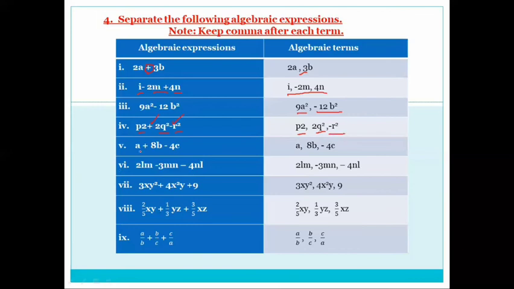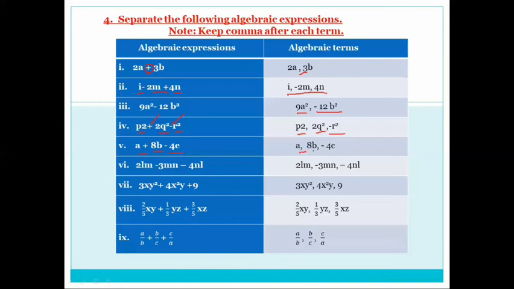Dear students, here we have a plus 8b and minus 4c, just a. After a, I will place the comma, then plus not necessary, write the comma, then 8b, write the comma, then minus 4c.